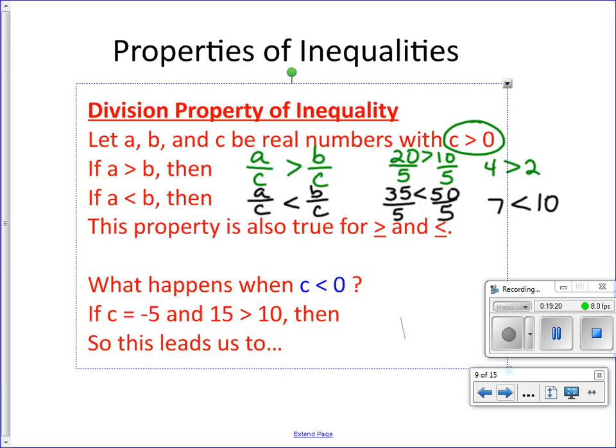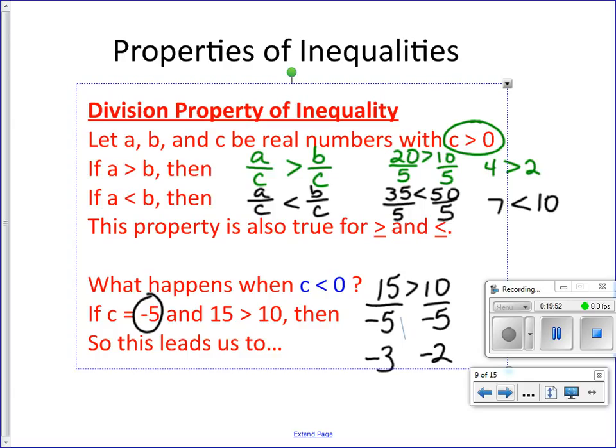However, when C is less than 0, we have a different story, just as in multiplication. Looking at our example, if we take 15 is greater than 10, and we divide by -5, 15 divided by -5 is -3. 10 divided by -5 is -2.